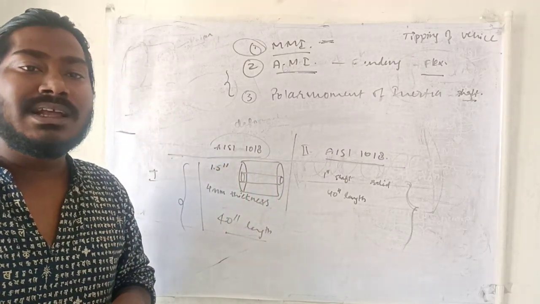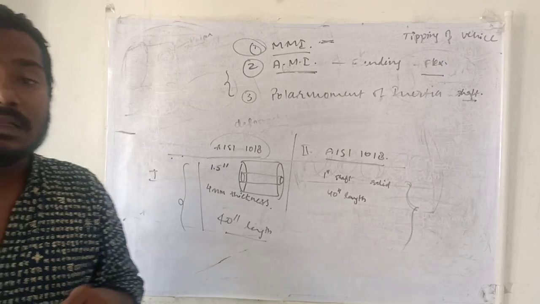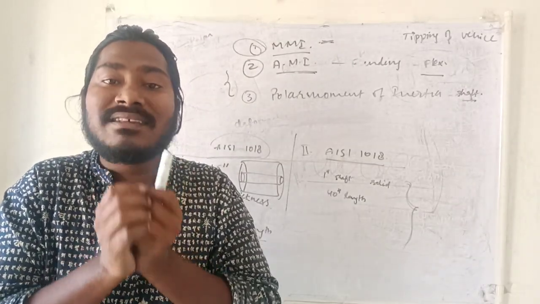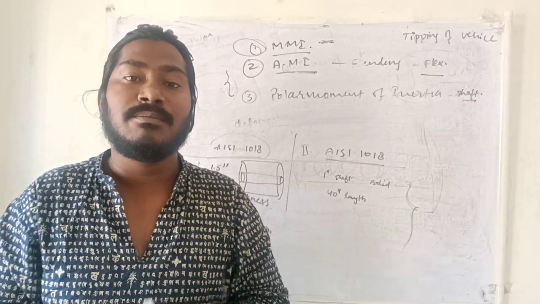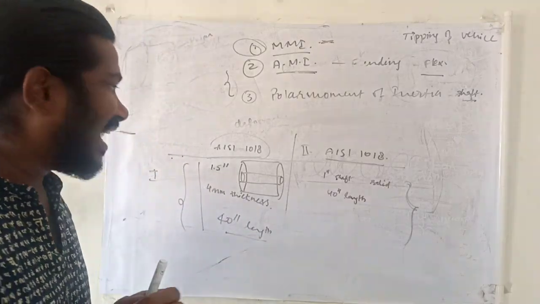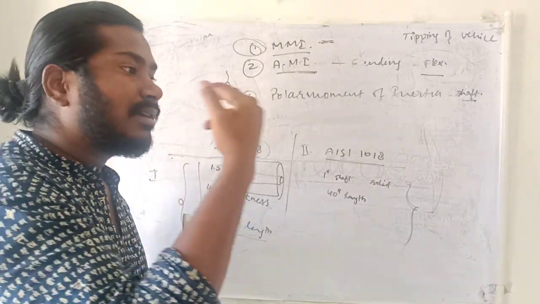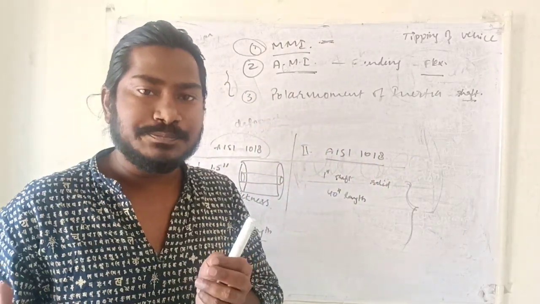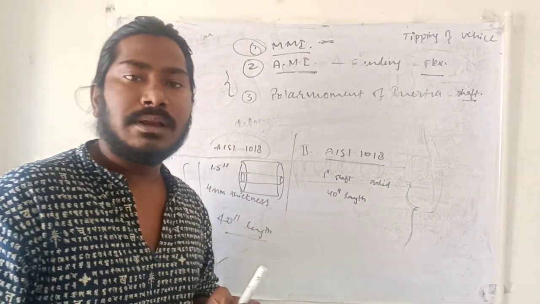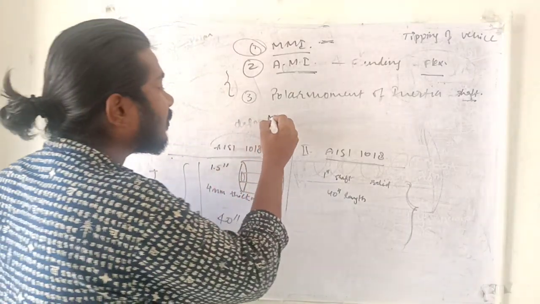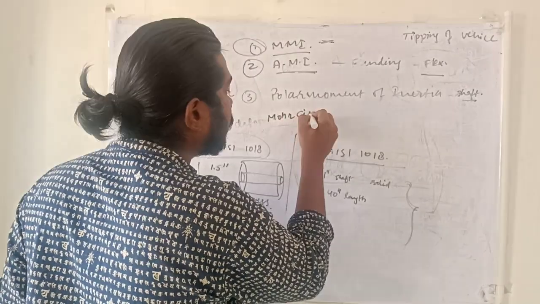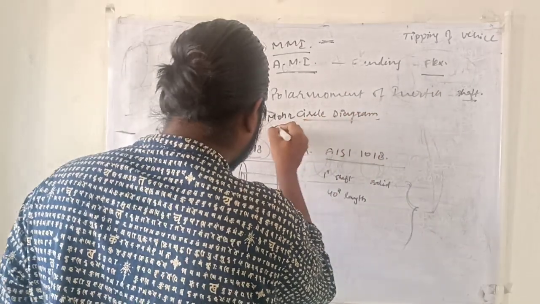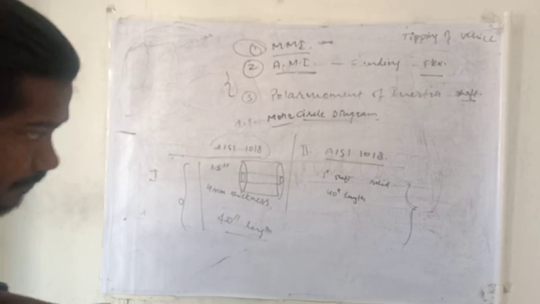And for a brittle material, the deformation occurs at the plane of maximum normal stresses. For a ductile material, deformation occurs at the shear plane; for a brittle material, at the normal plane. For that, you can draw the Mohr circle diagram. You will get a better understanding of the same.